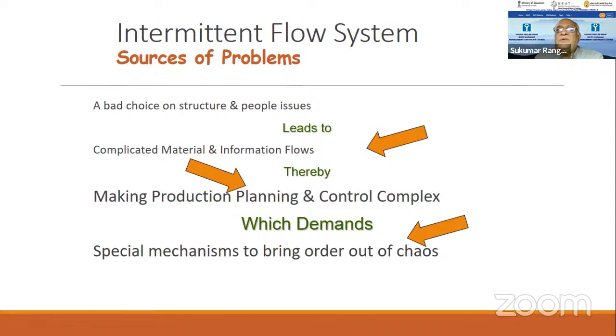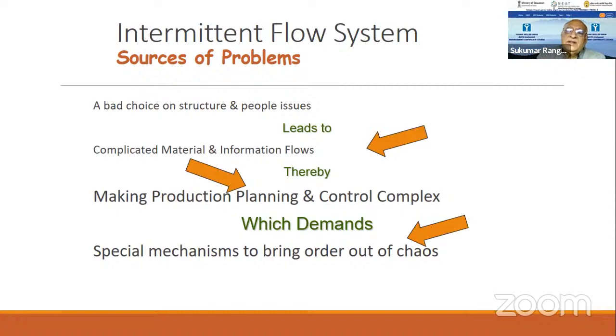It is very easy to get to a chaotic situation in manufacturing, especially with such a job order, intermittent flow system. In fact, in my own plant, which has some of these complications, we used to dedicate one senior person who was constantly looking at production planning and making sure that there is no bottleneck of either material or machine or manpower at any given stage.